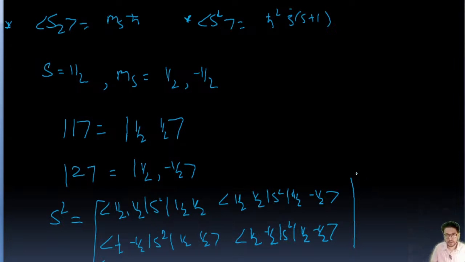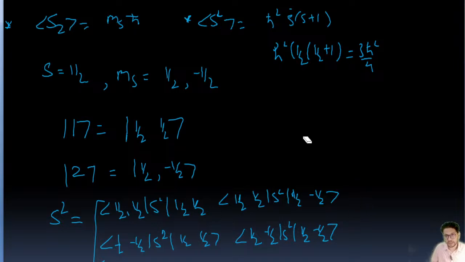We put in the value: ħ squared s(s plus 1), with s being 1 by 2 into 1 by 2 plus 1. So this value is going to be 3 ħ squared by 4, in matrix form.